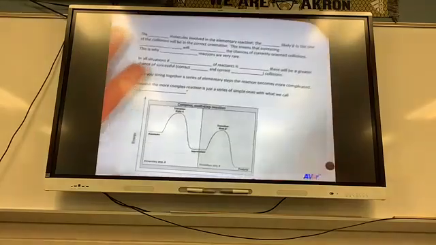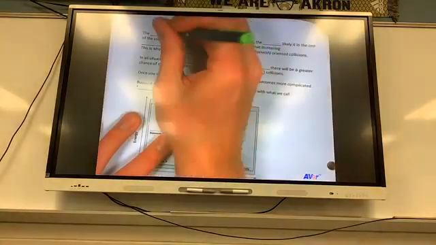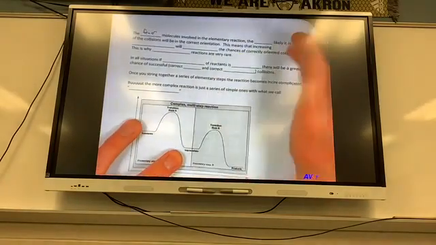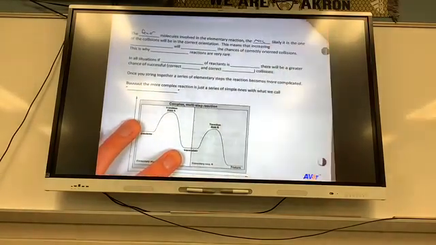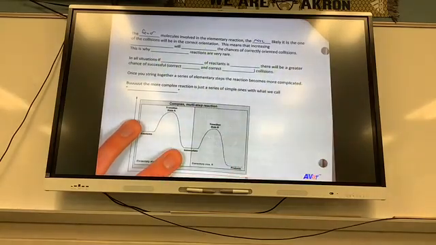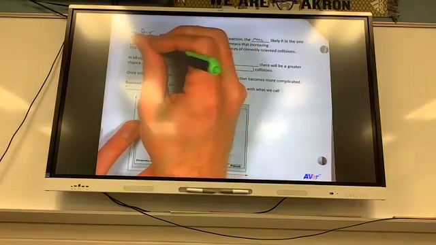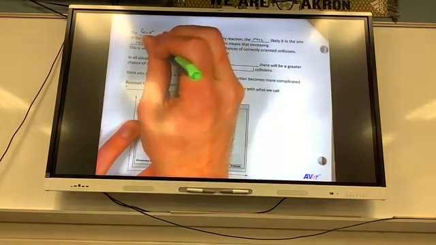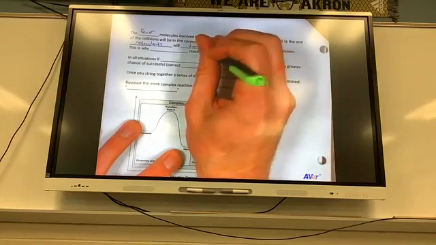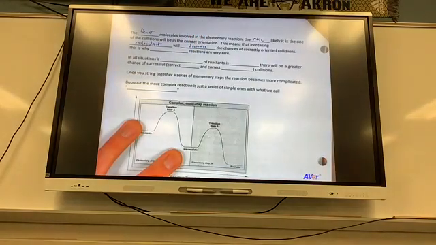So, as I was saying, the fewer molecules involved in the elementary reaction, the more likely it is that the collisions will be in the correct orientation. This means that increasing the molecularity, that's kind of fun to say, molecularity, will decrease the chances of correctly oriented collisions.